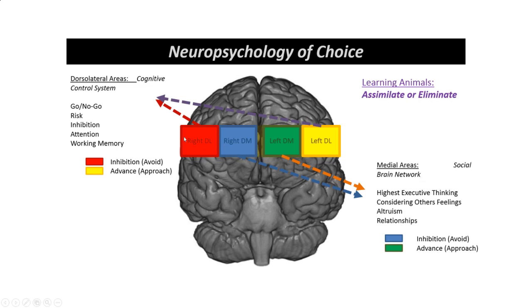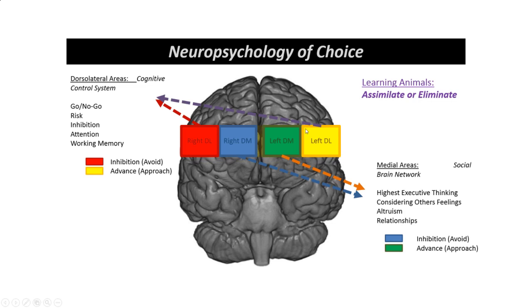The yellow and red here, the dorsolateral areas, the cognitive control system, are responsible for working memory, attention, inhibition, calculating risk, deciding whether to do something or not do something, whether to approach or whether to avoid.